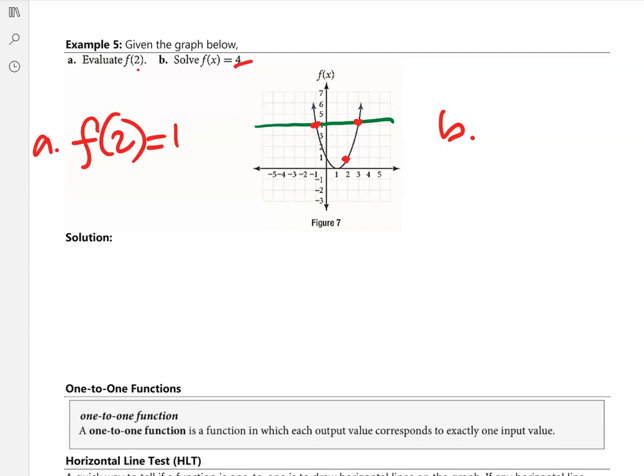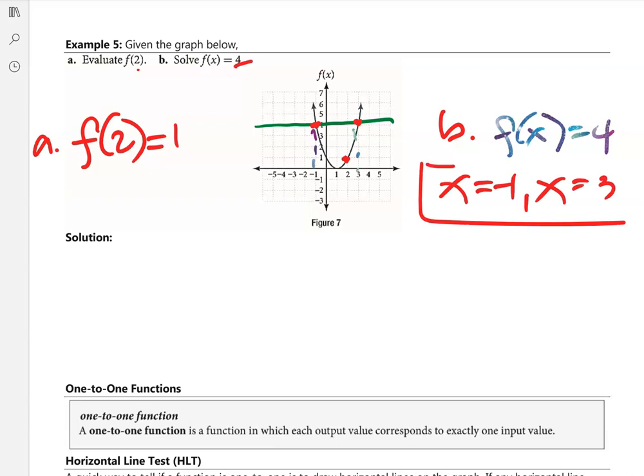The 2 x values, since f of x is equal to 4, are x is equal to -1 and x is equal to 3. Yes.